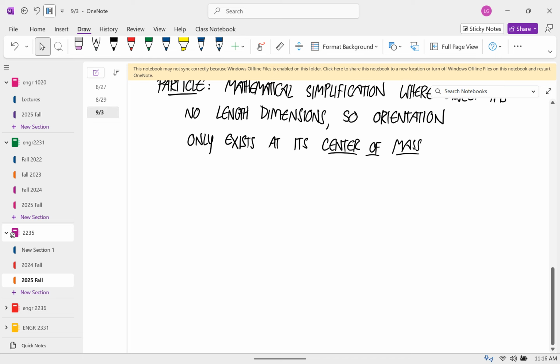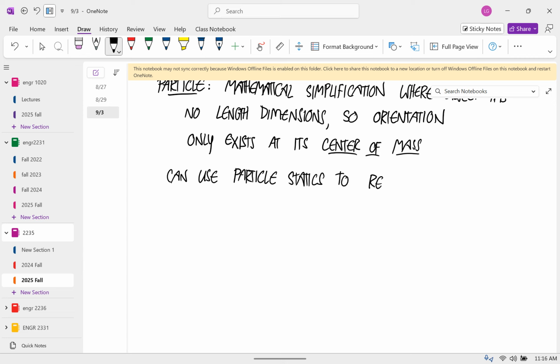For particle calculations, one thing I want to say about that. You can use particle statics to represent any point on a system that's in static equilibrium.